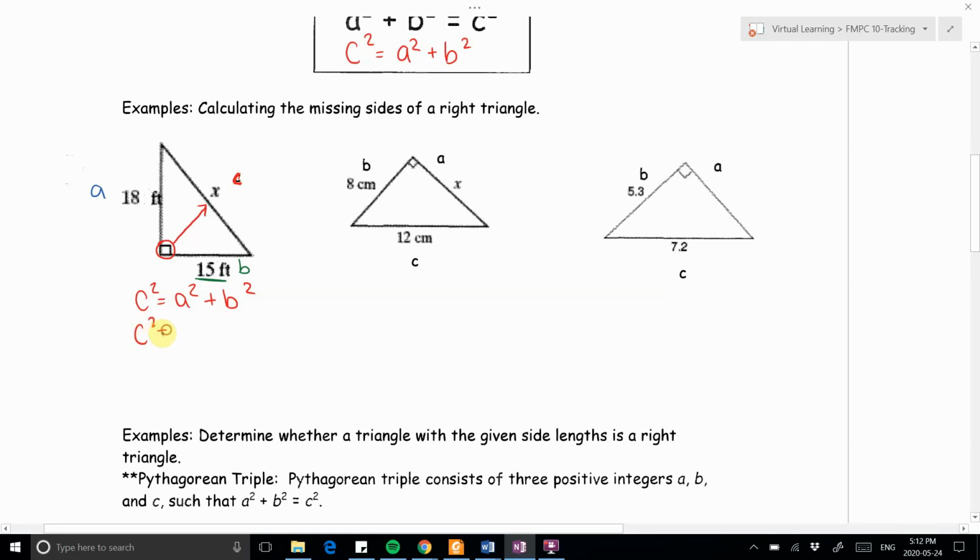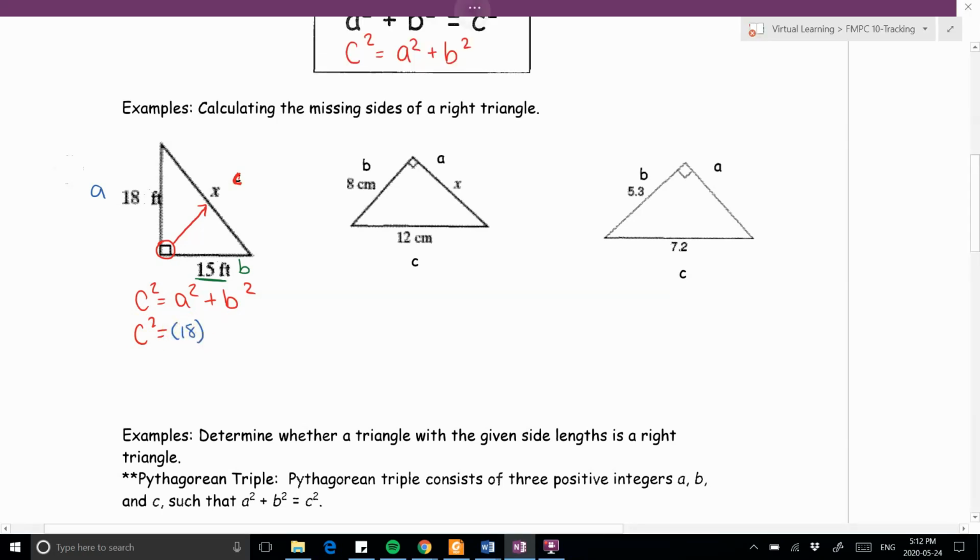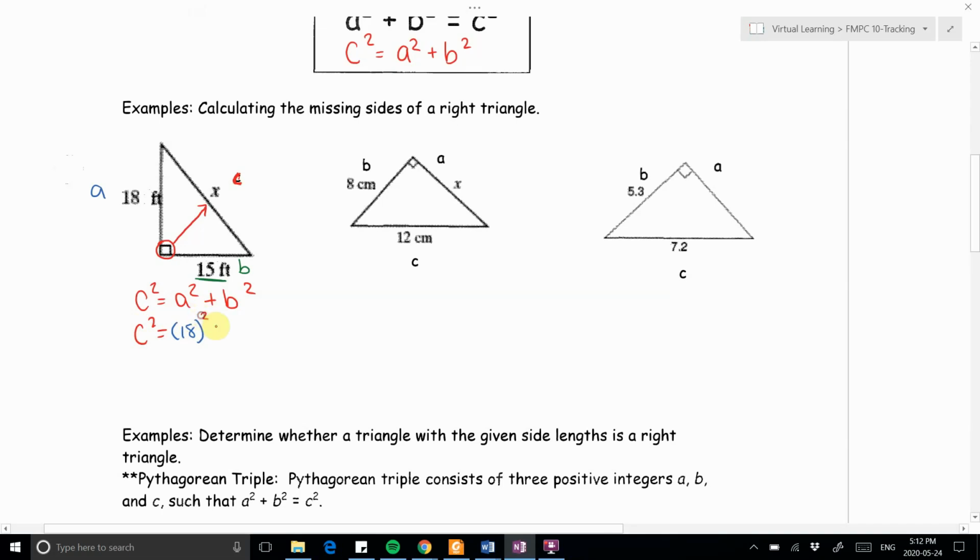The rest of them don't really matter. So we're going to take those and substitute them into our formula. So A, 18, gets squared. And B, which was 15, is going to get squared.